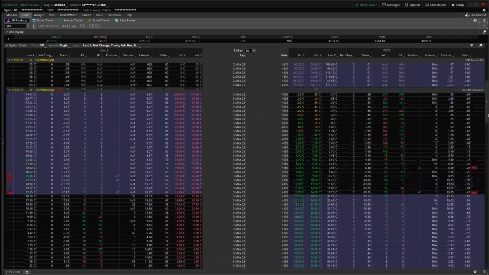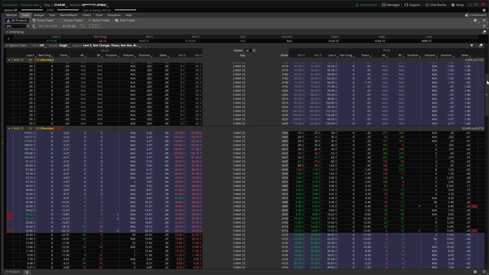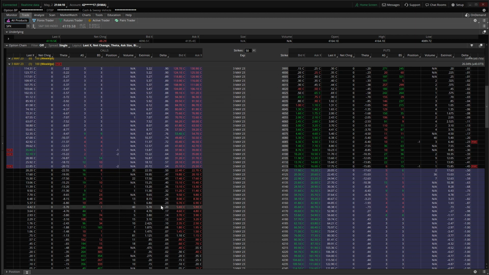Now, instead, I rolled it to 4115, which is right here, and I collected $340 of premium on this roll. And there's 2 options. So I felt as though I should collect the premium, and whatever happens tomorrow with the market, nobody knows. Regardless, I have time. I will have the ability to roll out of it.